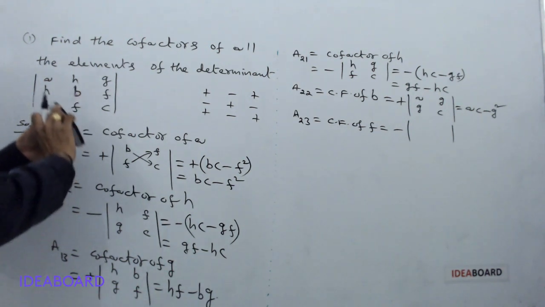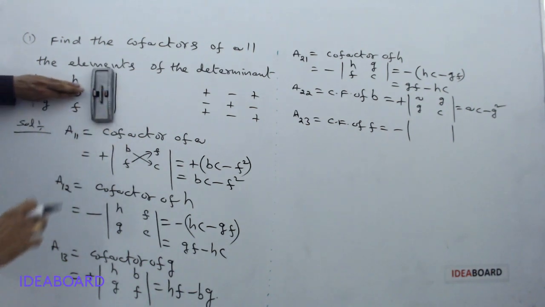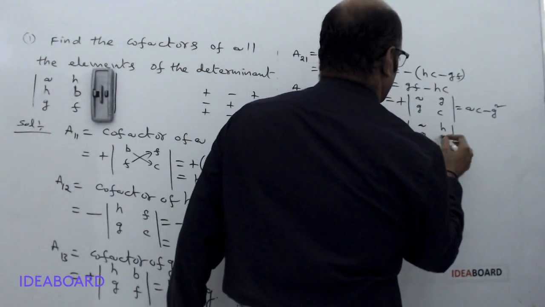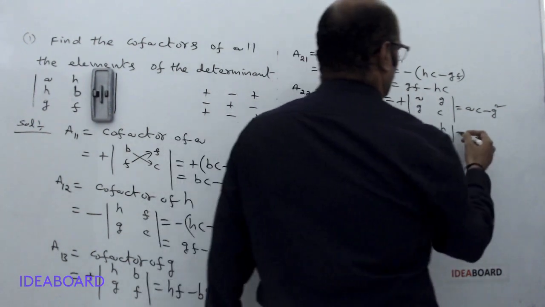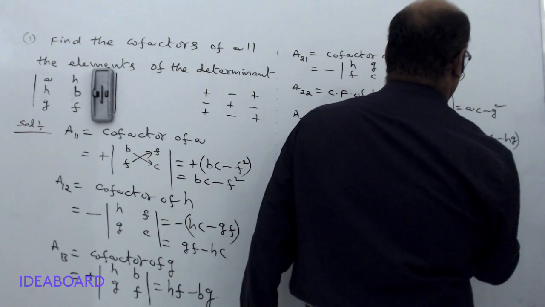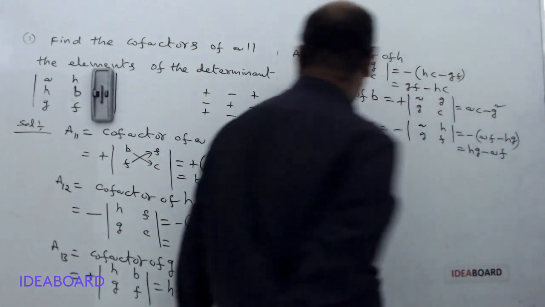So the remaining four elements are AHGF. So AHGF, it's equal to minus of AF minus HG. So equal to HG minus AF.